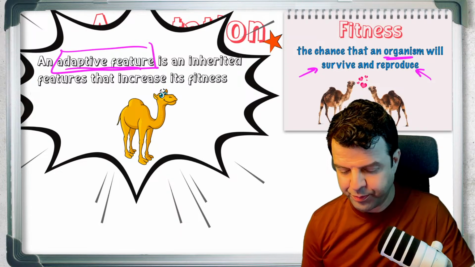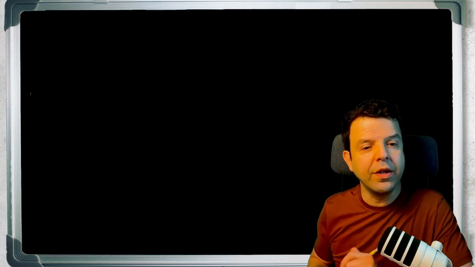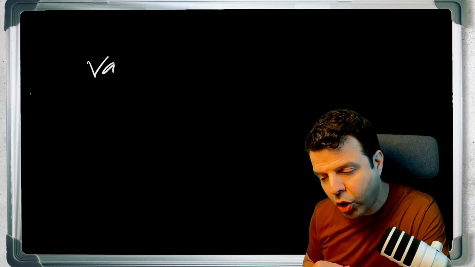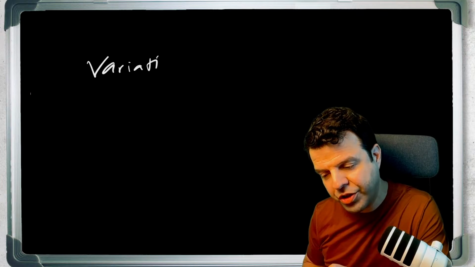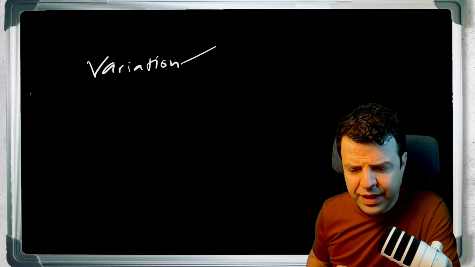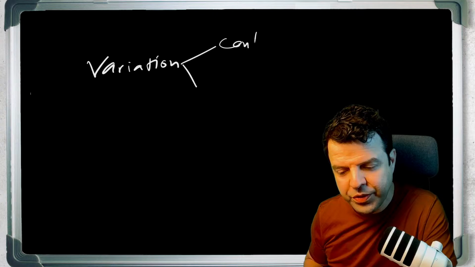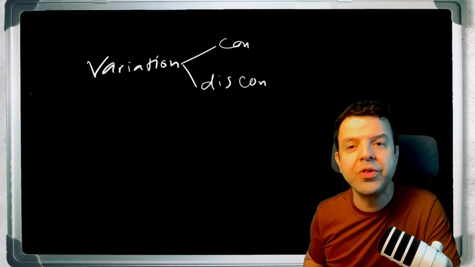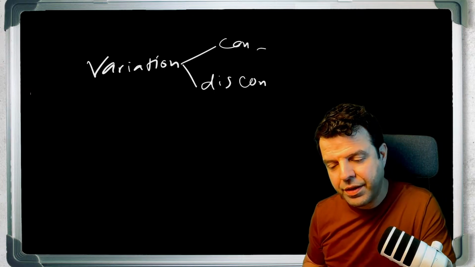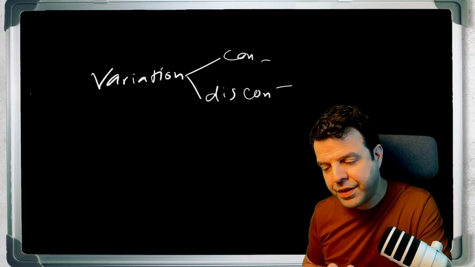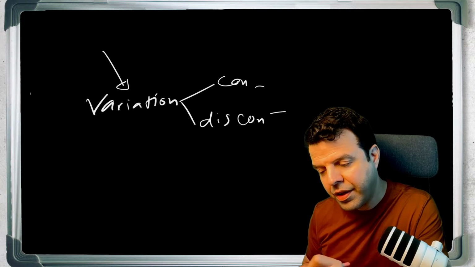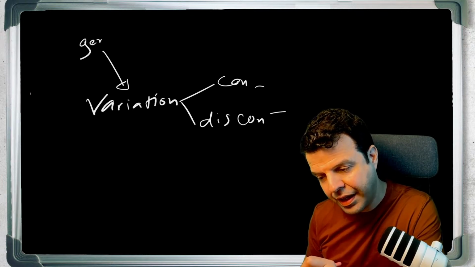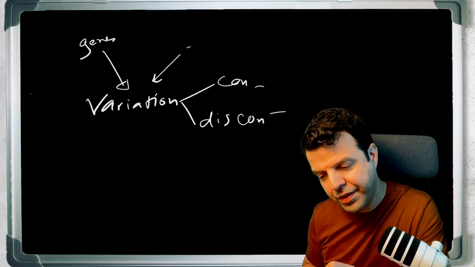Okay? So, in brief, what did we learn here? We learned that there is always variation, regardless if it's continuous or discontinuous. And either way, this comes from the two major factors, the genes and the environment.